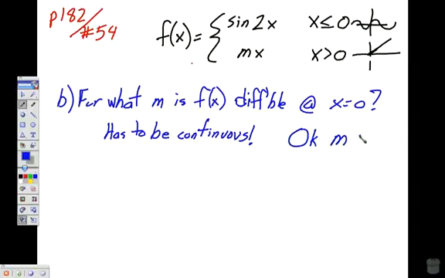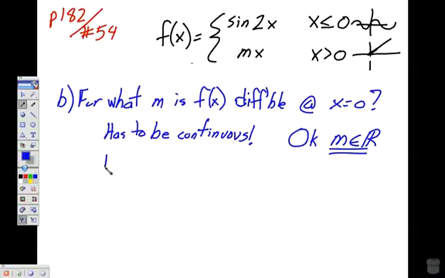As long as m is a real number, then it is continuous. All right, then in order for it to be differentiable at x equals 0, the left-hand derivative and the right-hand derivative have to be the same. In other words, the derivative as we approach 0 from the left and the derivative as we come in from the right need to be the same.